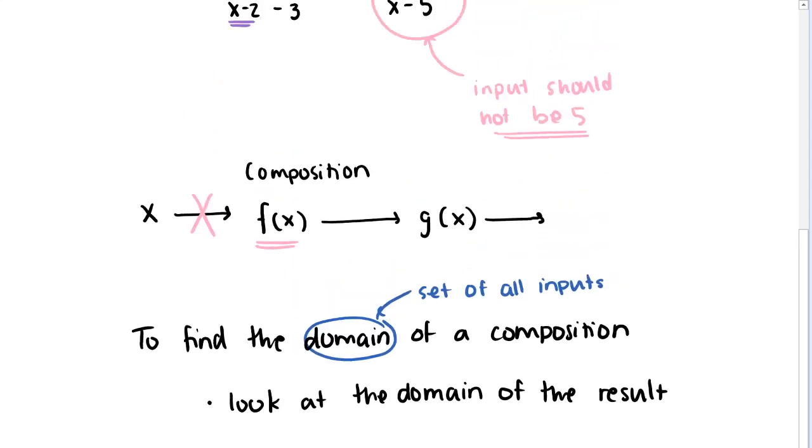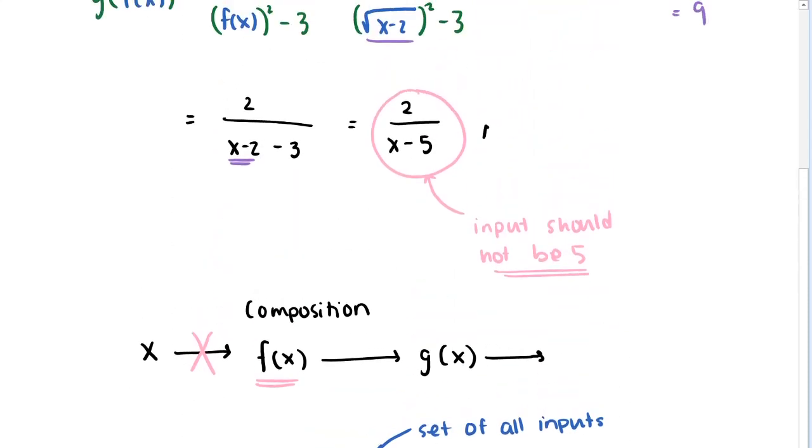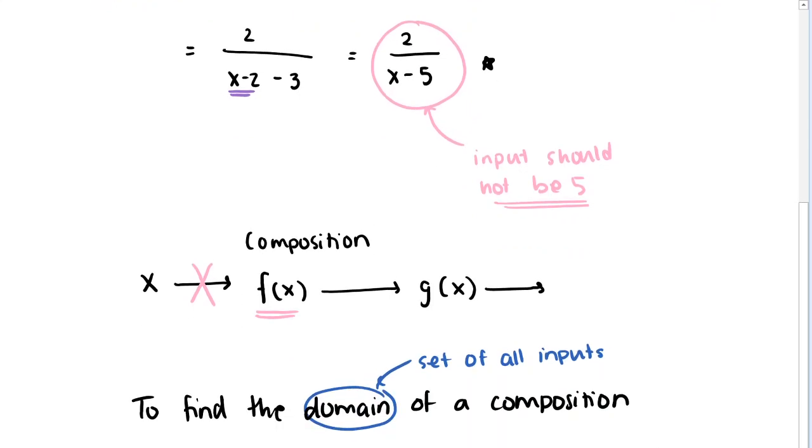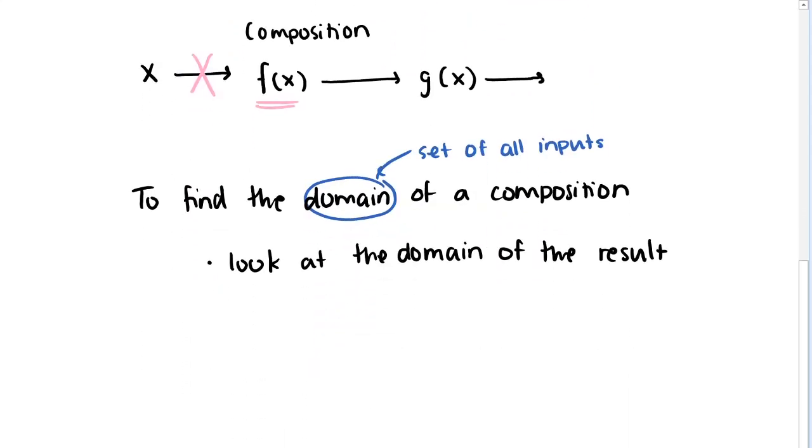Right, so in this case, that's this part here. This 2 over x minus 5, that was the result of our composition. And so we saw that we can't plug in 5 from this resulting composition. And what we need to also do is look at the domain of the inner function.